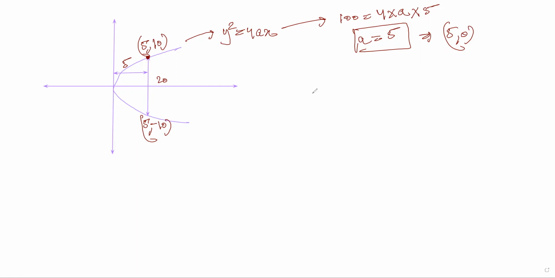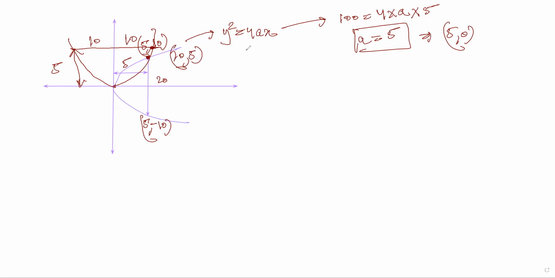Okay, sir. Let's understand the process as well. If this is an upward parabola, then the parabolic diameter would be this, and this would be the deepness of the parabola. So this would be 5, and this would be 10. This point would be 10, 5, right?